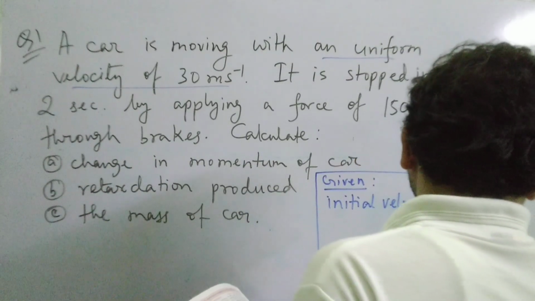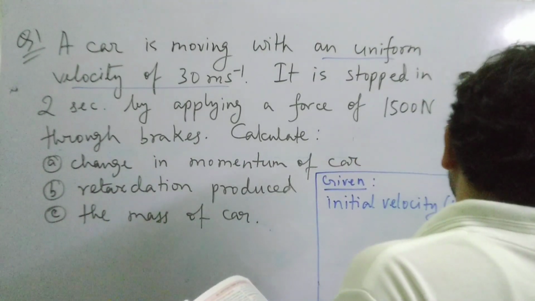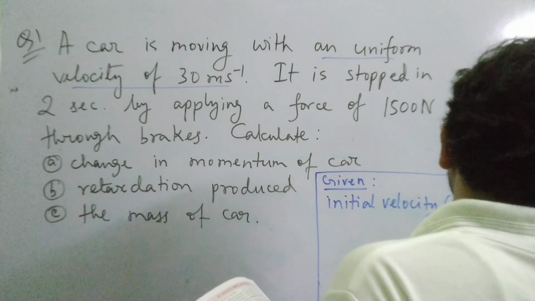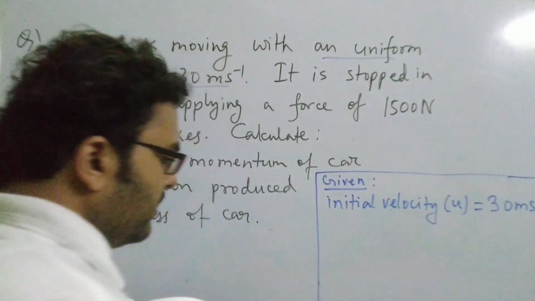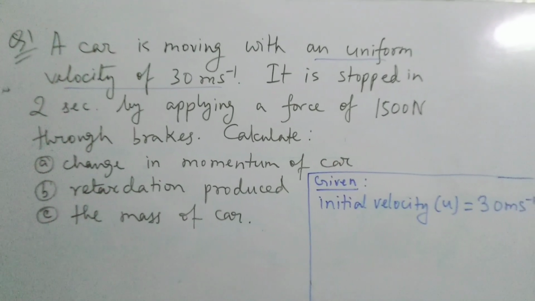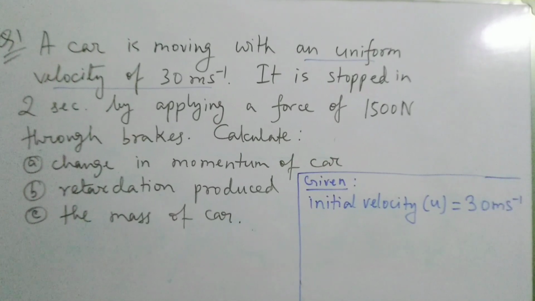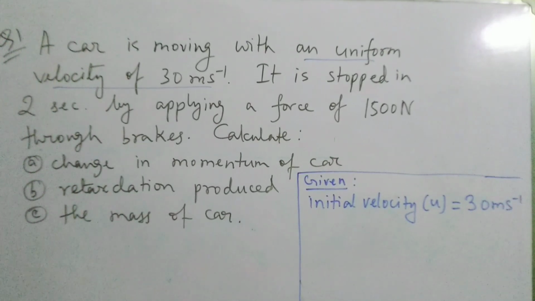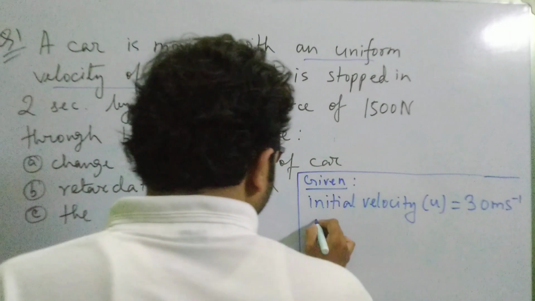So initial velocity u is 30 meter per second. Then it is stopped in 2 seconds, which means the car comes to rest, so the final velocity must be 0.